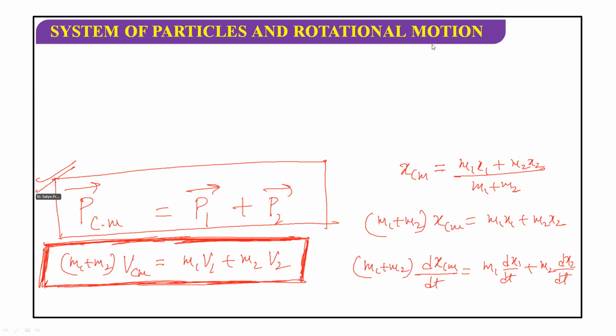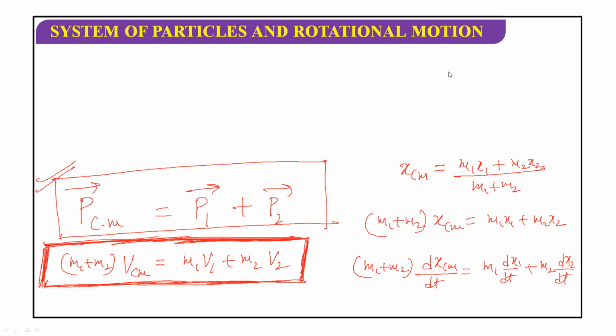Now this definition is clear. So this way also we can define center of mass. We are seeing center of mass from a different angle, in terms of a different quantity, momentum.